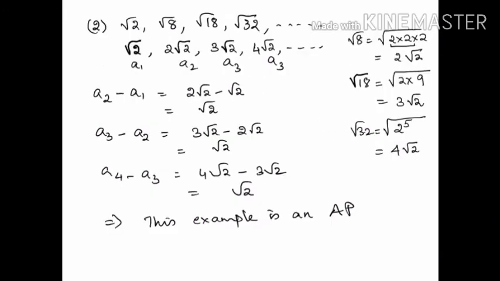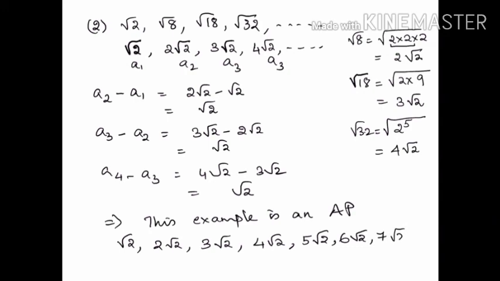In the second example, since this is an AP, to write the next 3 numbers, we will have to add the common difference to the previous number. So root 2, 2 root 2, 3 root 2, 4 root 2, adding one more root 2 to 4 root 2, we get 5 root 2, then 6 root 2, 7 root 2, and so on. So we have written 3 more terms of this AP.